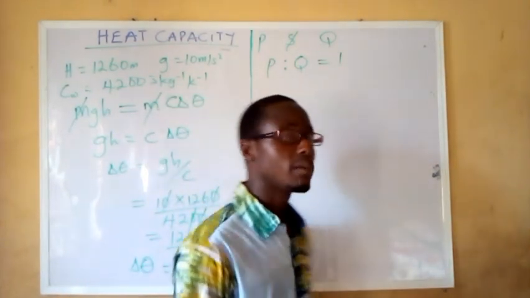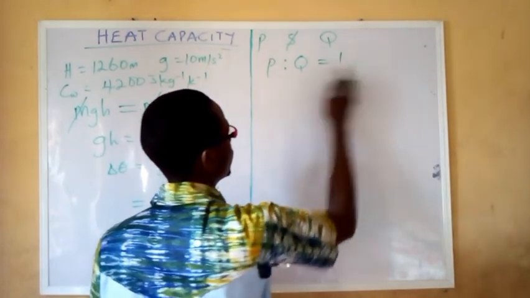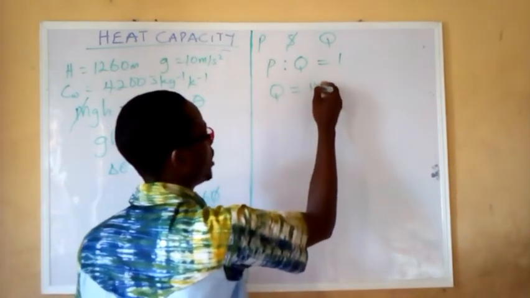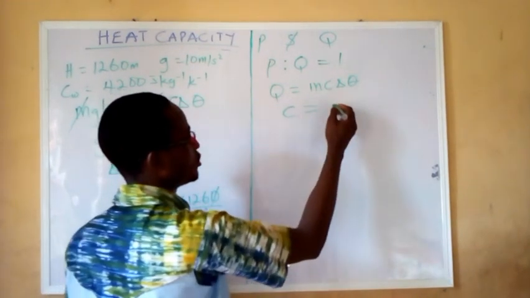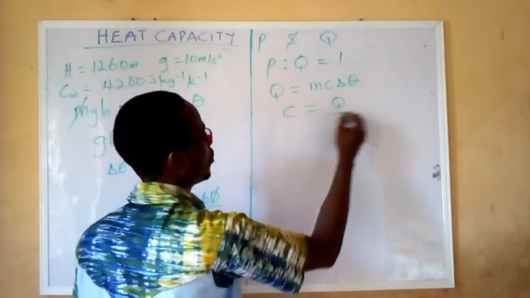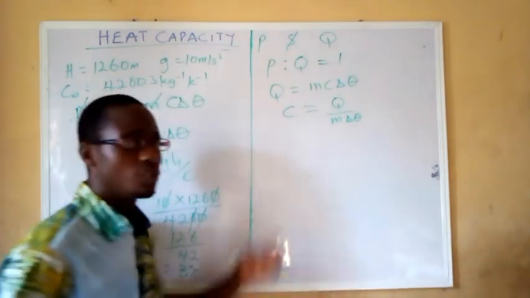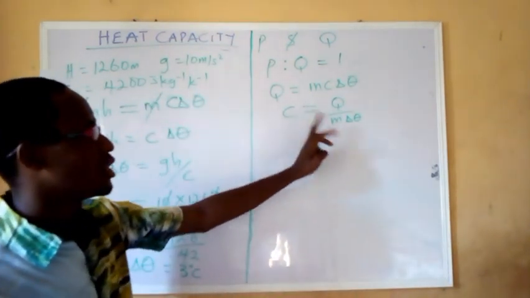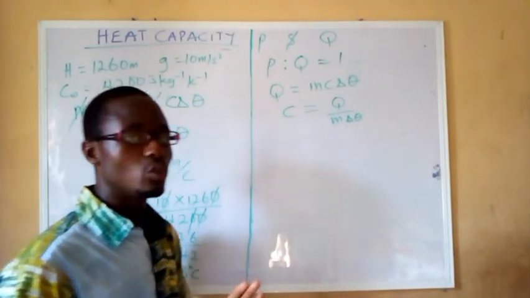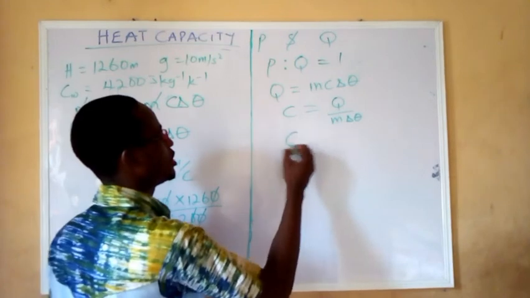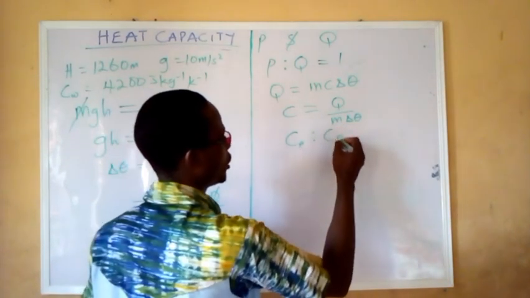From the formula Q equals mc change in theta, specific heat capacity is going to be Q all over m change in theta. So the ratio of the specific heat capacity of P to that of Q is what we are meant to calculate. So we are looking for Cp ratio Cq.